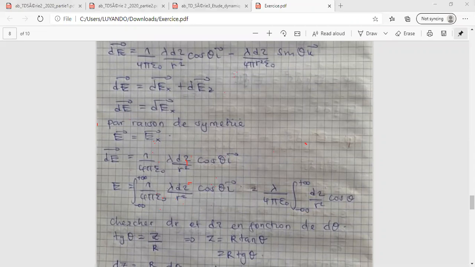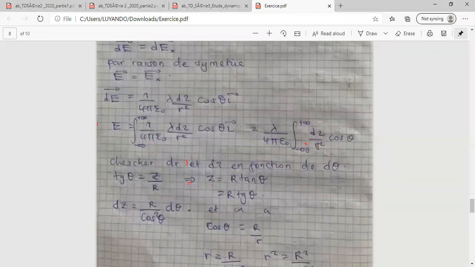Just like we did in the last one, we had to find an expression for r squared. So we're going to express the r and the z in function of theta. So now we have a theta. That time we had r equal to grand R plus zr.